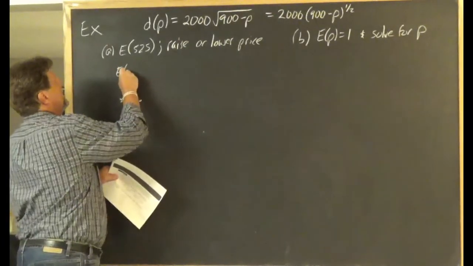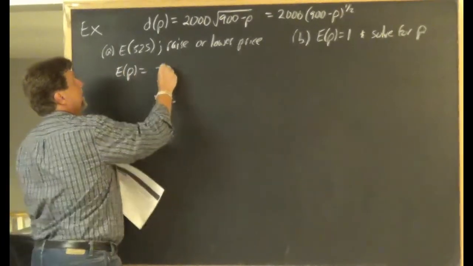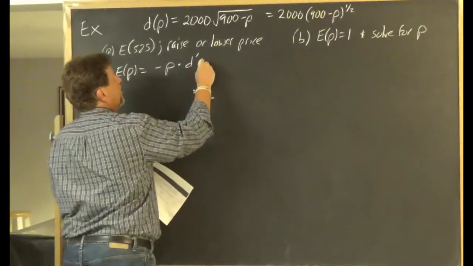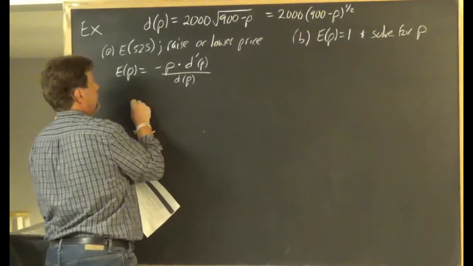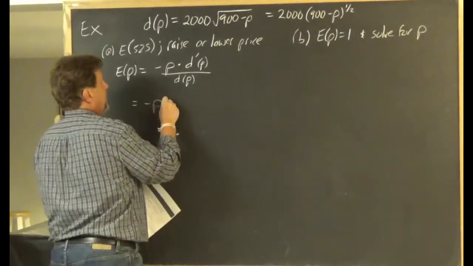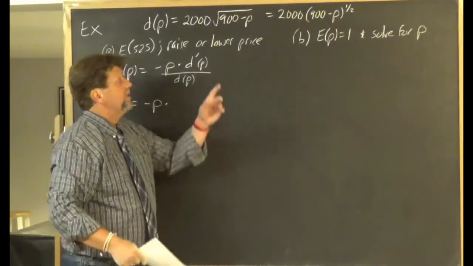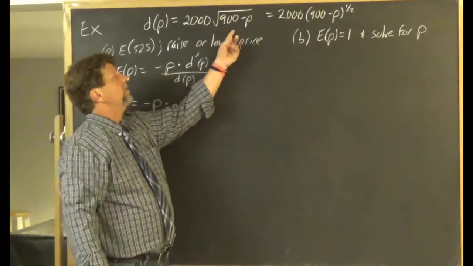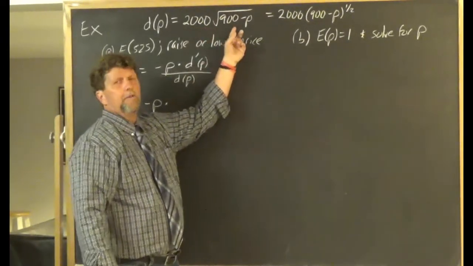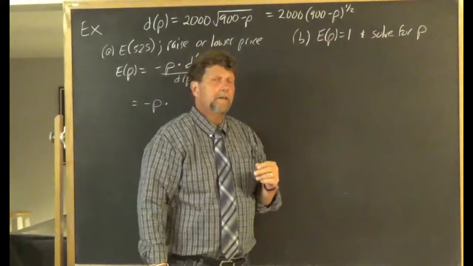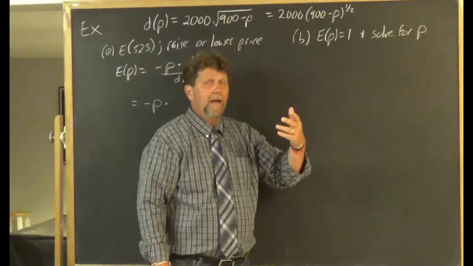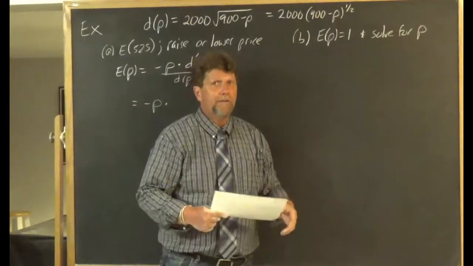Remember, E of P is negative P times D prime of P all over D of P. So that's negative P times, okay, now notice folks, I went ahead and rewrote the demand function. I rewrote the square root of 900 minus P as the quantity 900 minus P raised to the 1/2 power. That's to help me get this derivative.